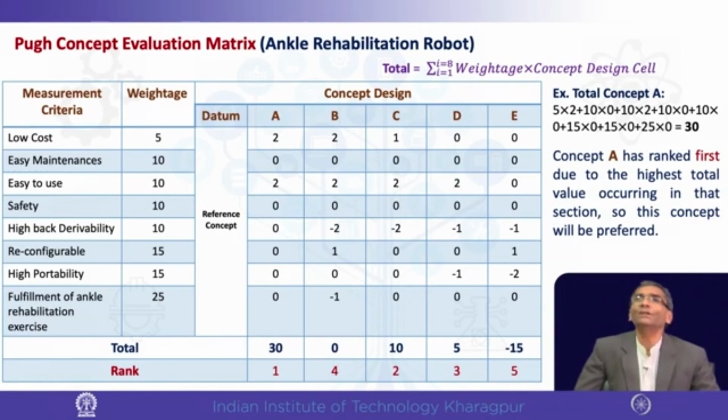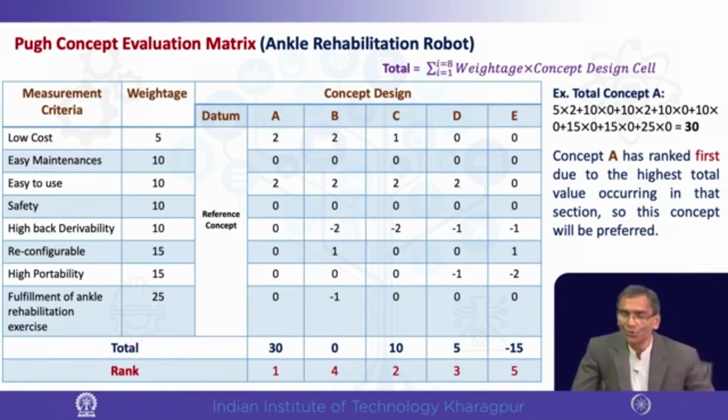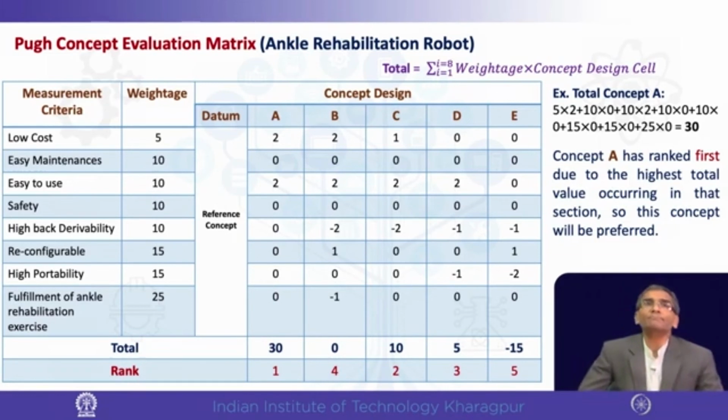So, here if we calculate, which calculation example is given on the right top corner, where you can see it is 5 into 2 plus 10 into 0 plus 10 into 2 plus 10 into 0 plus 10 into 0 plus 10 into 0 plus 10 into 0 plus 10 into 0 is equal to 30. And similarly, for B it is 0, for C it is 10, for D is 5, E is minus 15, and so on and so forth.